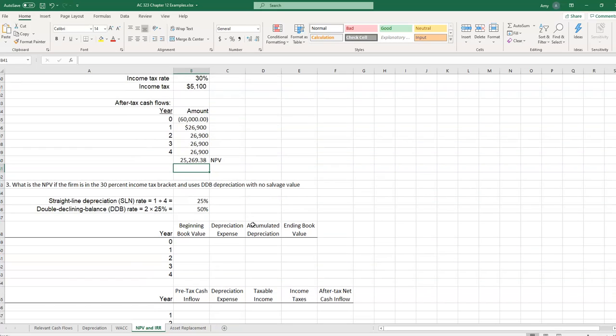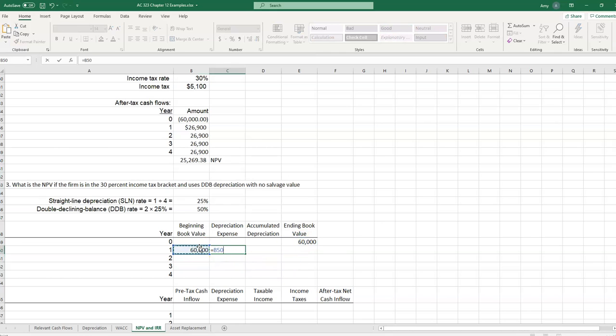Okay. Next we have, what is the net present value if the firm is in the 30% income tax bracket and we use the double declining balance with no salvage value. So we have the double declining table. We start in year 0 with 60,000. So our depreciation expense is the book value times our double declining depreciation rate of 50%.